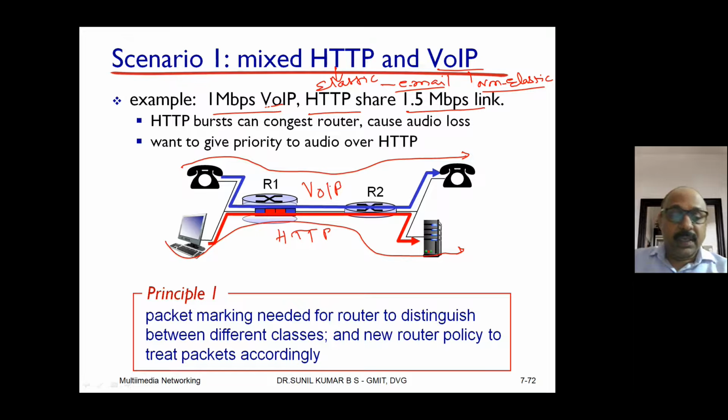Let us assume that when they are transmitting, this is transmitting at 1 Mbps and this is transmitting at a speed of 0.5 Mbps, so that this 1.5 Mbps is really acceptable. But all of a sudden, this VoIP has a bursty transmission. Bursty means, remember one thing, a sudden release of packets.